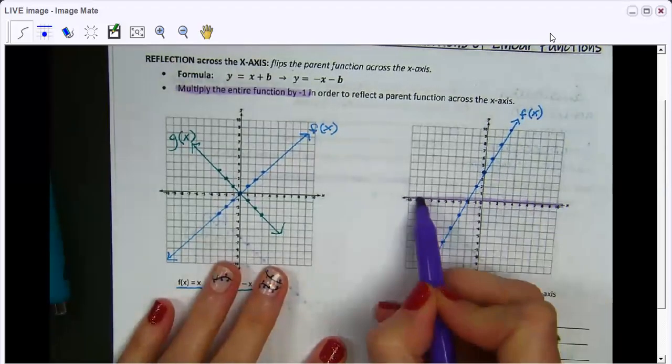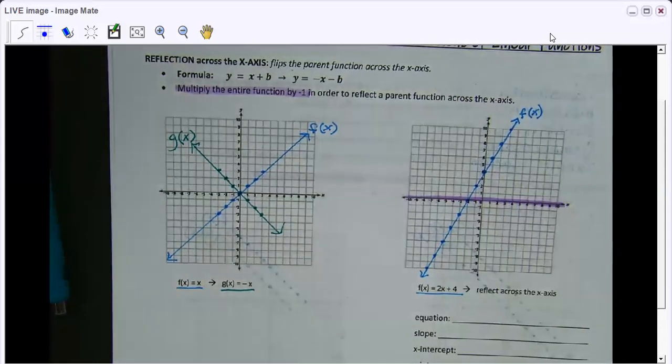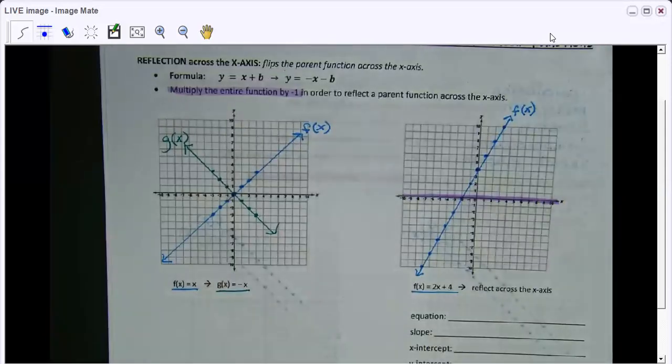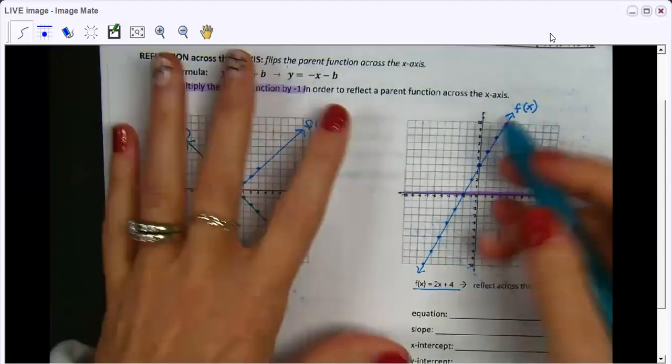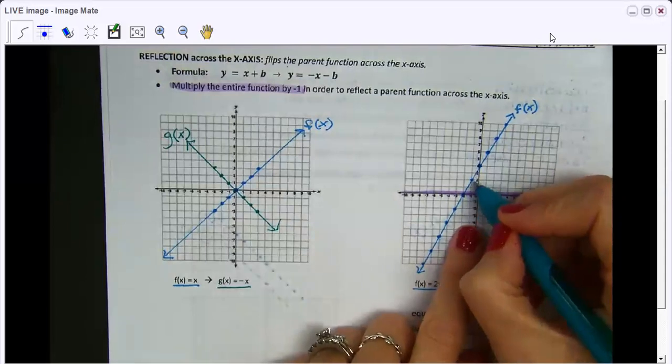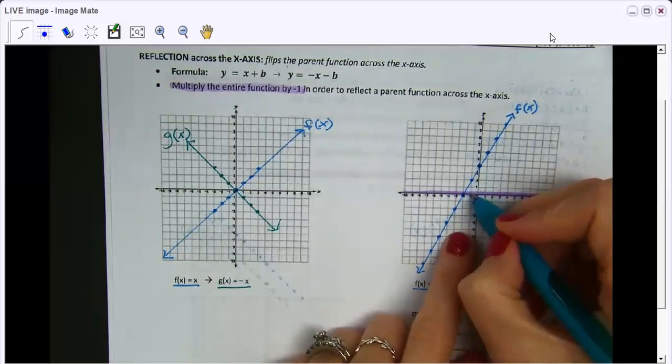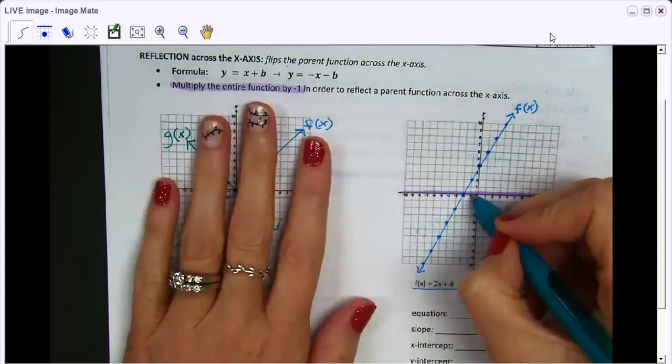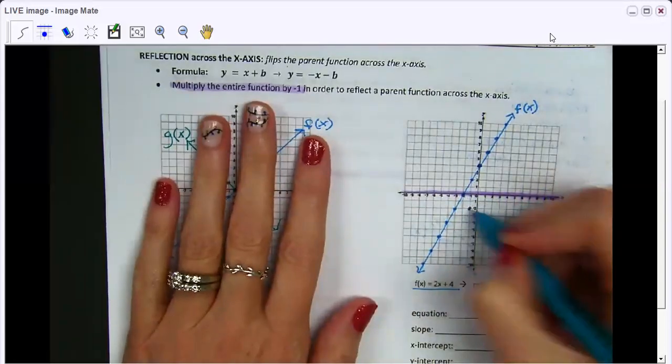It has to mirror my x-axis, okay? So I take each point and I count how many units it is away from the x-axis, and then I go that many units on the opposite side of the x-axis. So for example, if I look at -1, 2, it's 2 units from the x-axis. So I will go 2 units from the x-axis on the other side and plot a point.